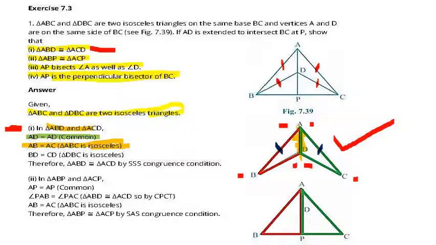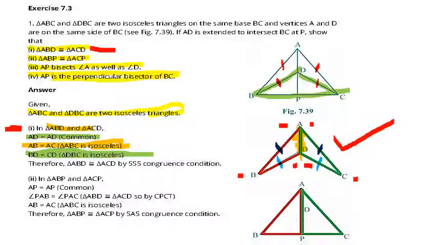Similarly, triangle DBC, which was a smaller triangle, is also an isosceles triangle. That means this side BD and this side CD will also be equal to each other because two sides of an isosceles triangle are equal. So I wrote down BD equals CD because triangle DBC is an isosceles triangle.